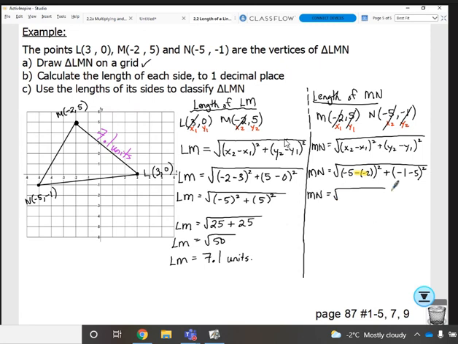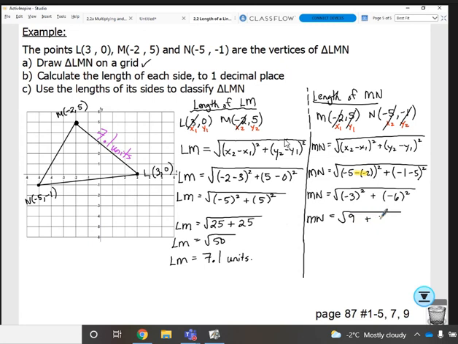MN equals, right? I'm using the calculator because the integers and the double negatives are going to throw me off, and I don't want that to happen, especially this far into the question. Negative 5 minus negative 2 is negative 3. Negative 3 squared plus negative 6 squared. Negative 3 squared is positive 9.